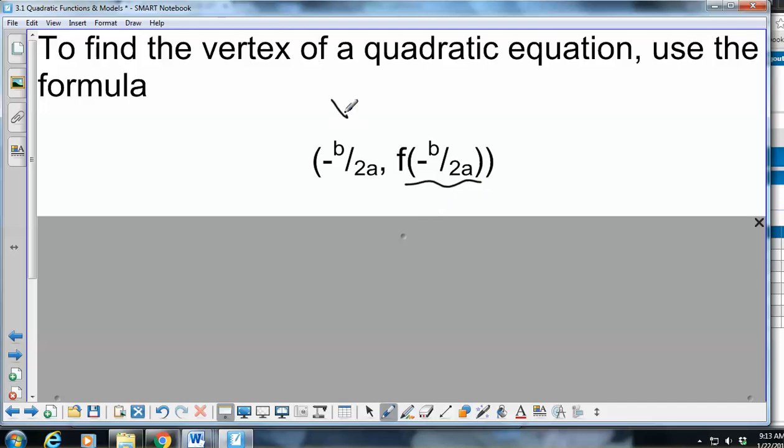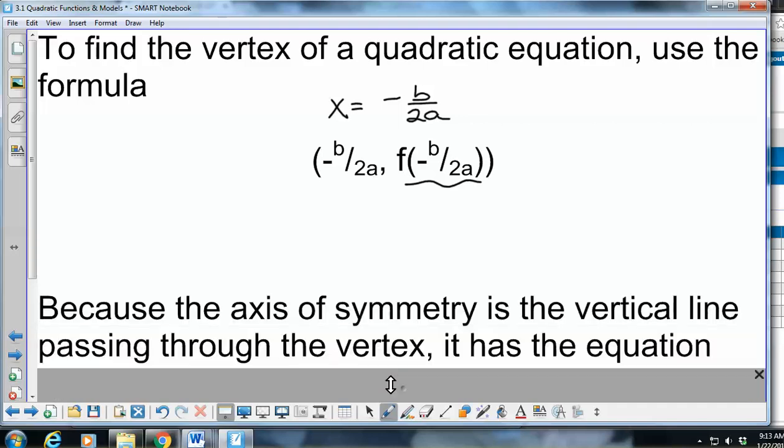So the really important thing you need to know here is the x value of the vertex is the opposite of b over 2a. That's when it's written in standard form. Then once you have x, you can plug it in to get y. So it's a nice handy formula to find the vertex if it's not written in vertex form and you need that. Opposite of b over 2a.